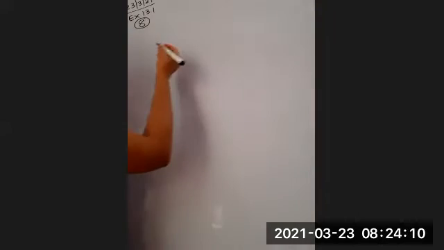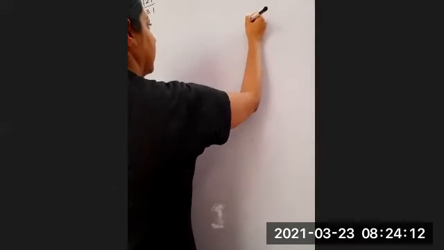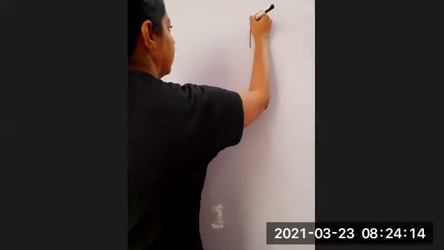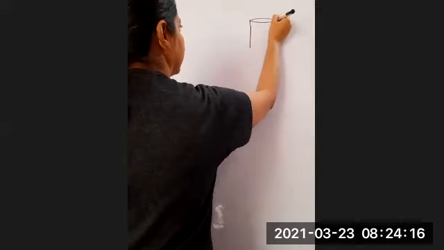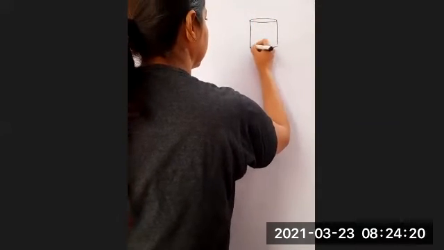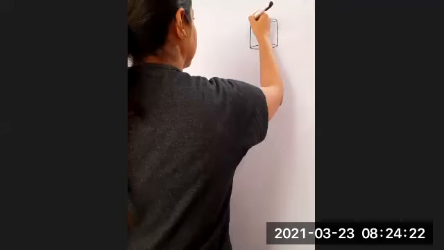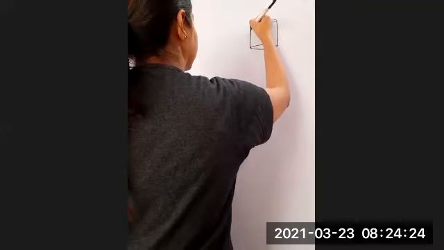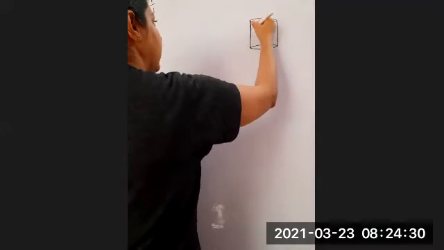Let us just start. So we have a cylinder. Then I'm taking out a conical cavity from it.